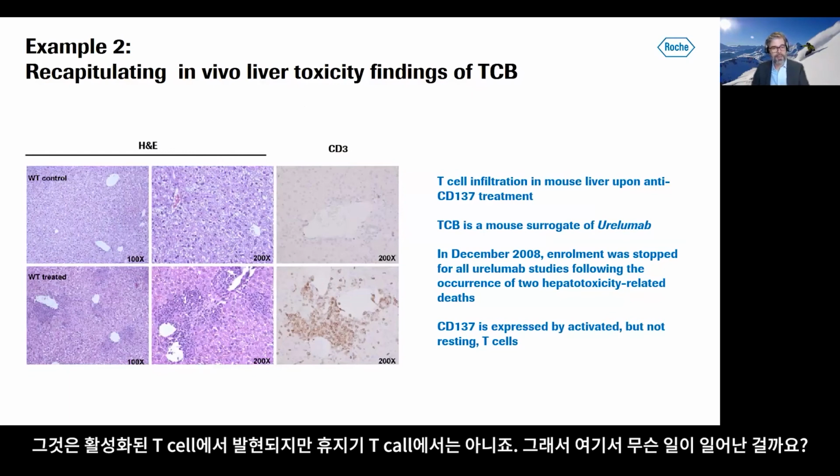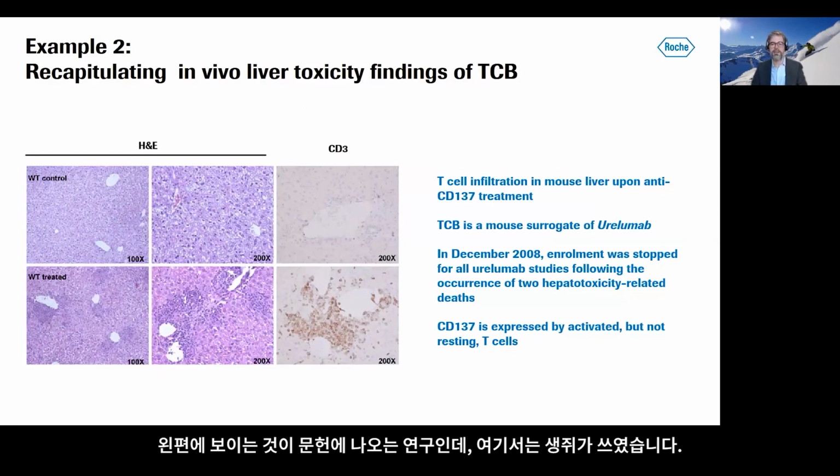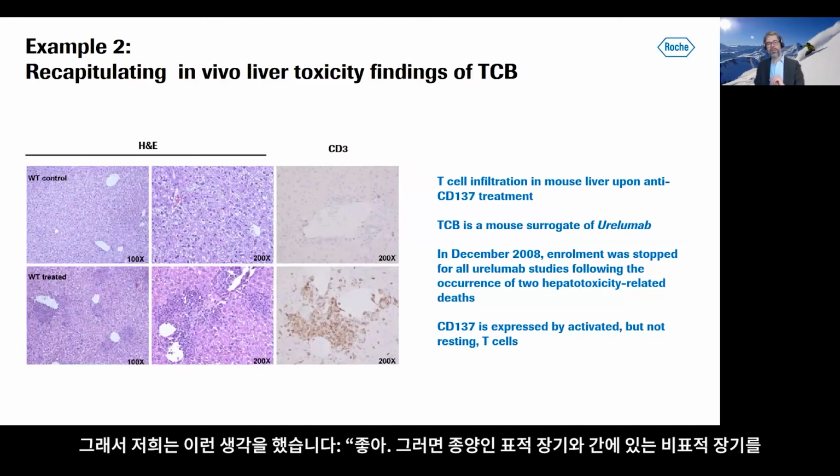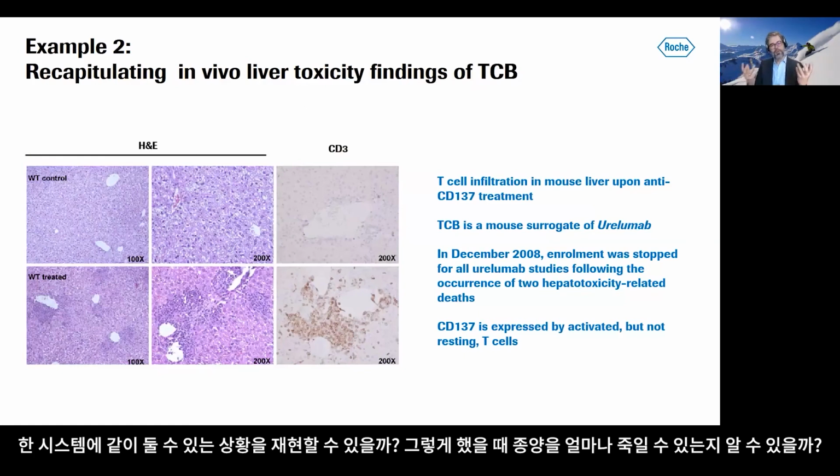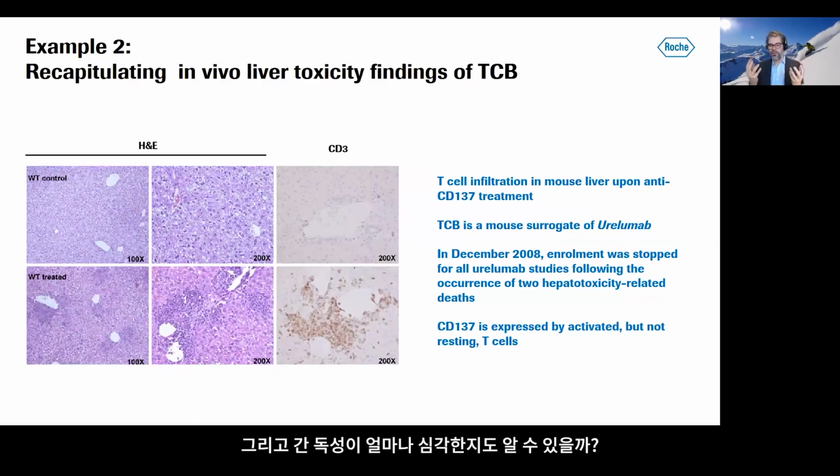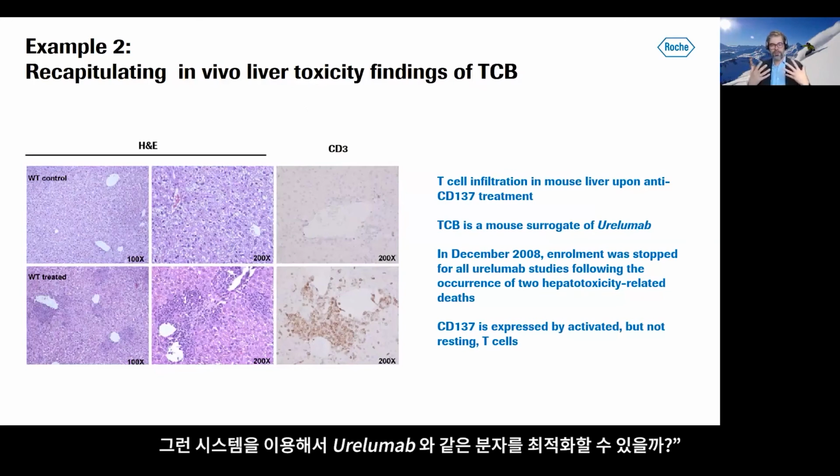So what happened here? What you can see on the left-hand side is a study that has been published in the literature where a mouse surrogate was used. So we thought, okay, can we recreate a situation where we have both the target organ, which is the tumor, and the off-target organ, which is the liver, together in one system and see how much tumor killing do we get and how much liver toxicity do we get, and can we use such a system to optimize such a molecule like urelumab.